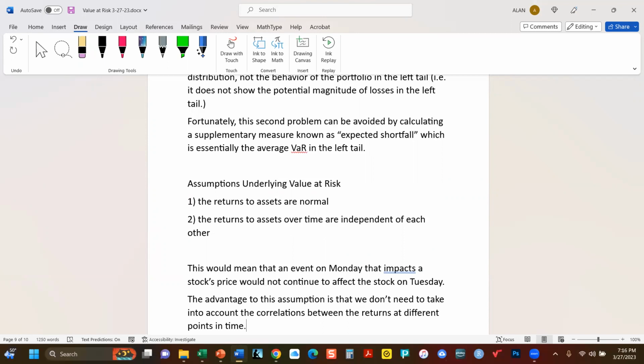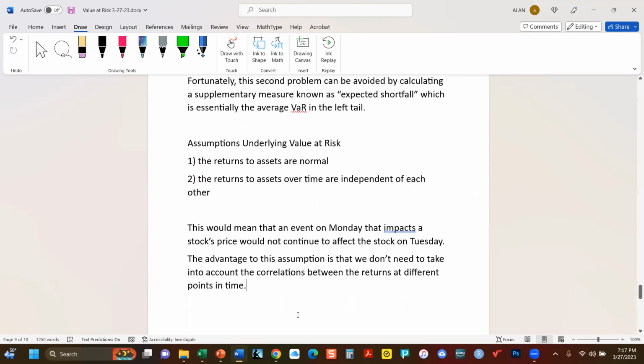Even for just 30 days, you'd have correlations between day 1 and 2, day 2 and 3, 3 and 4, 2 and 1, every possible combination, and it would just be a nightmare. So the assumption here is being made to basically streamline the whole thing and speed it up a bit, even if it means introducing some unrealistic behavior here.